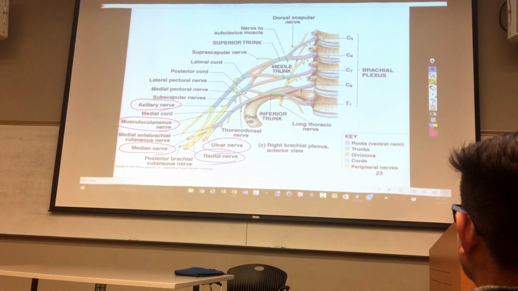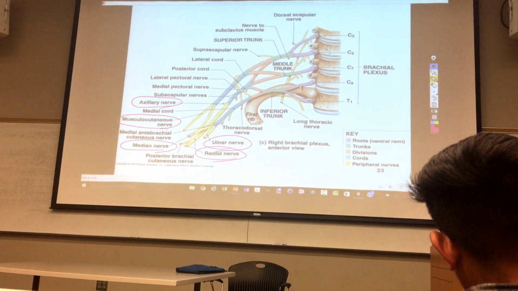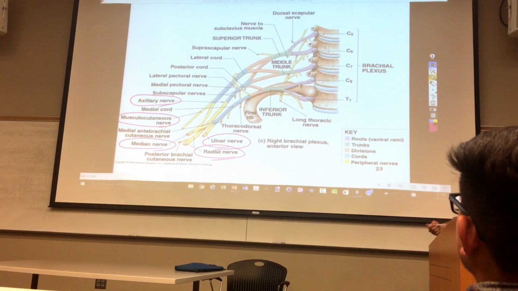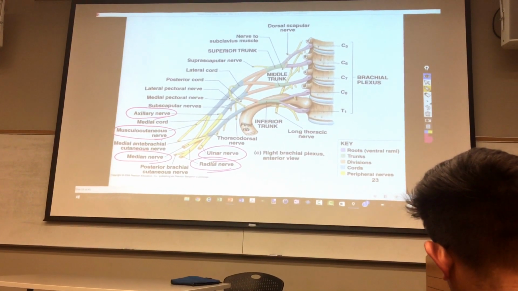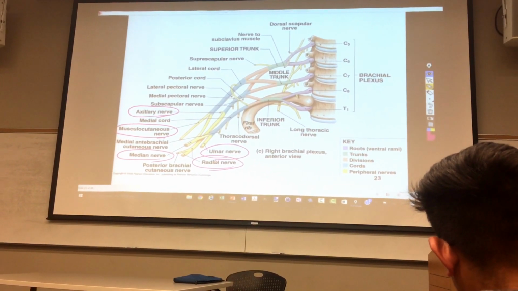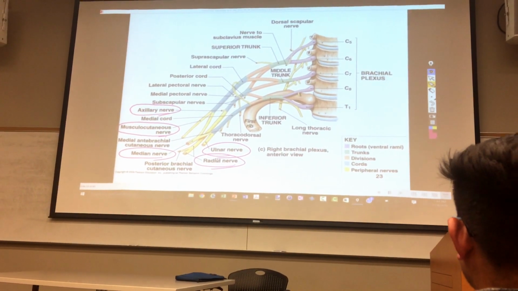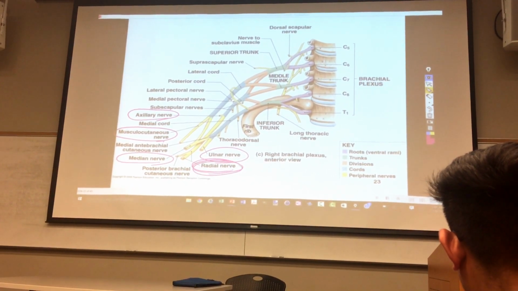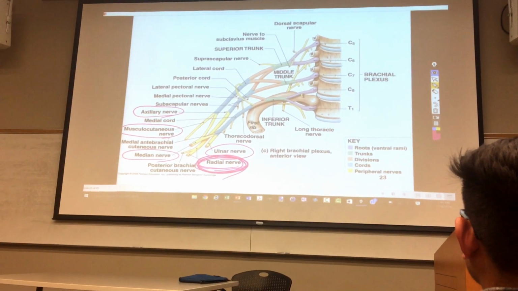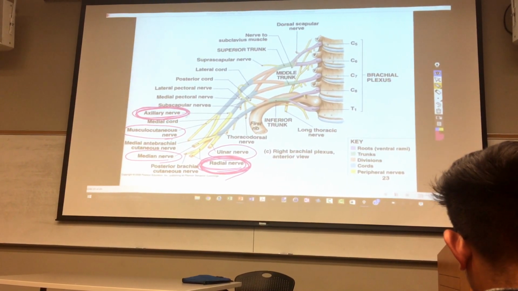Okay? Now, here it also gets a little bit tricky. It's a little bit messier for your brachial plexus, right? But what I'm going to tell you is, if I'm focusing on the nerves that are a little bit more extensor oriented, then we're really dealing with the radial and we're dealing with the axillary. Okay?